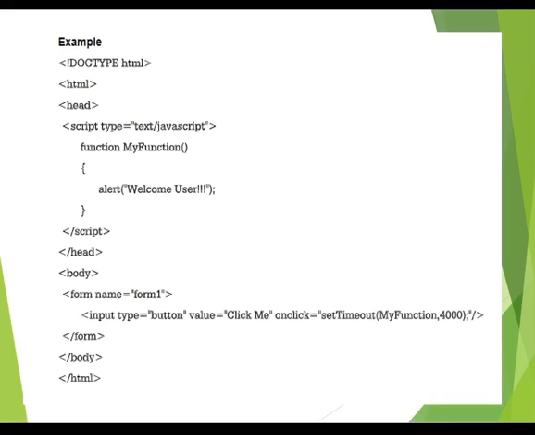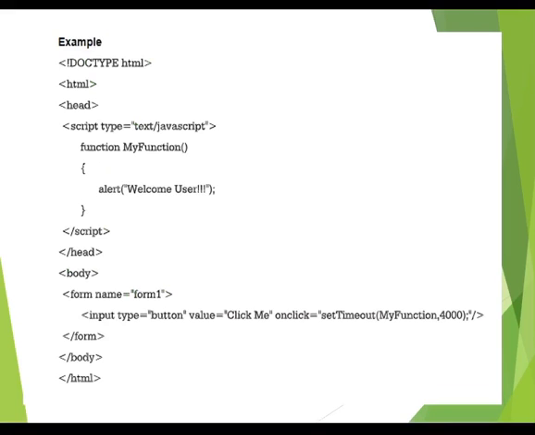We have taken a form, the name of the form is form1, then a button, input type equal to button, value of the button is "click me", and on click we are going to call the setTimeout function.